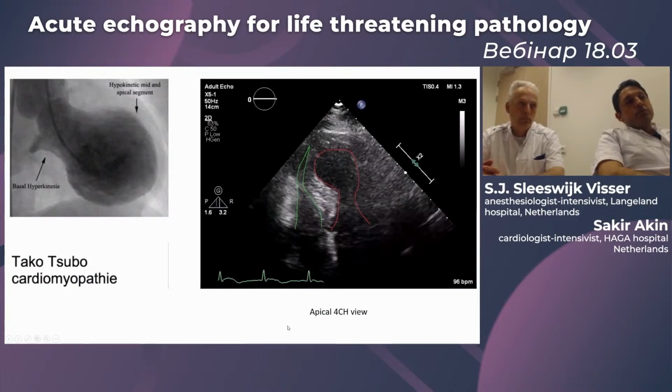In other patients with stress, you can sometimes find Takotsubo cardiomyopathy. That's a stress-induced cardiomyopathy, which can be physically or mentally developed.